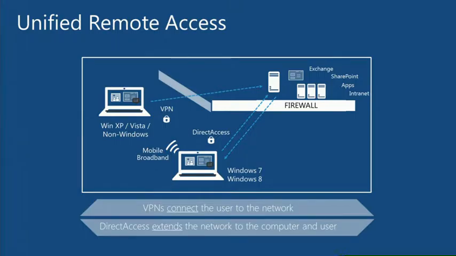That's the nuance and the difference between a VPN and DirectAccess. And that's where you see the text at the bottom, which says VPN is used to connect to the network, whereas DirectAccess is extending your network out to encompass all of those clients which are in various locations on the internet.